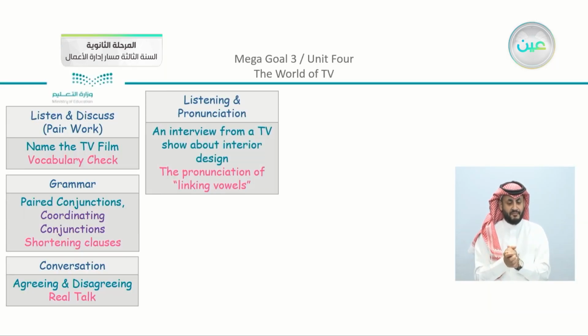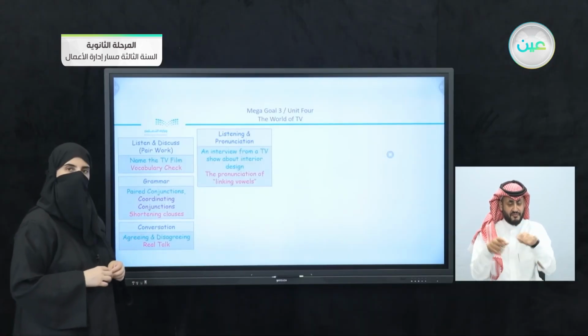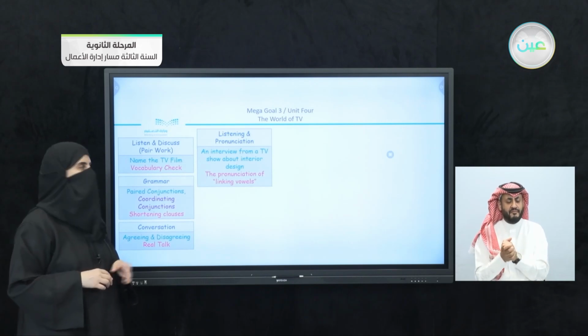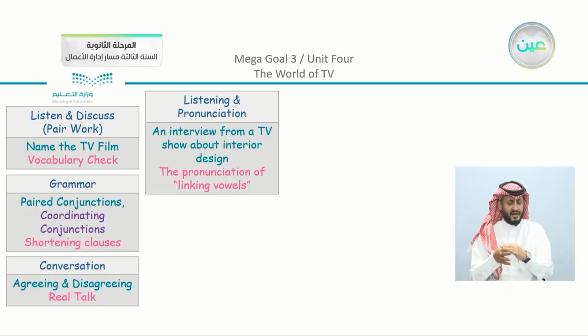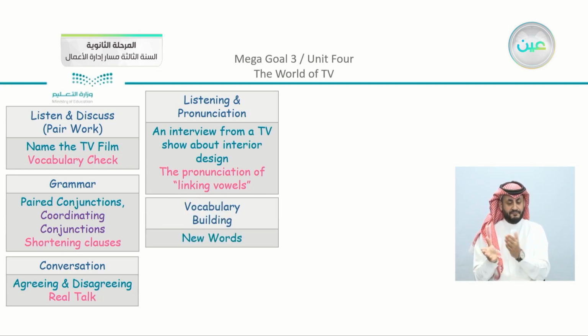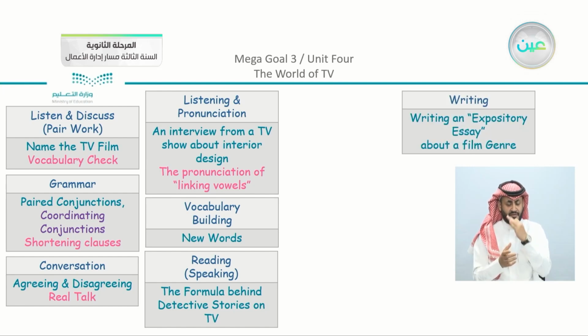The listening that we had and pronunciation was an interview from a TV show about interior design, if you recall. And we had the pronunciation part about linking vowels. We studied also new vocabulary and the vocabulary building. We had the reading, which was about the formula behind detective stories on TV. And also we had the speaking part as well.